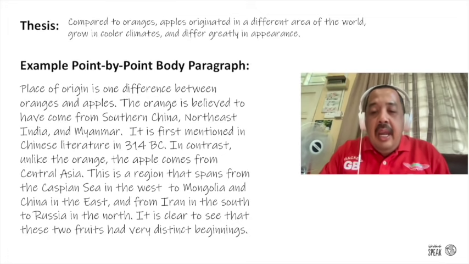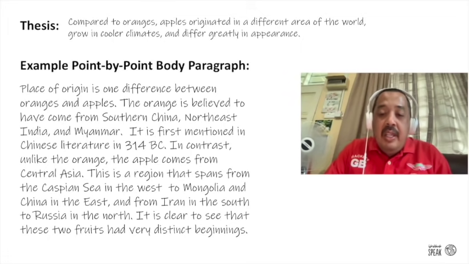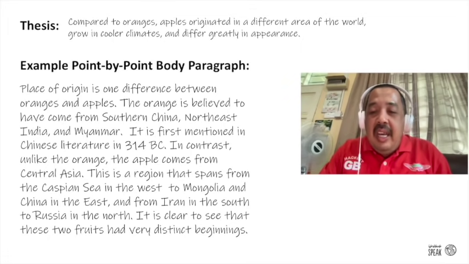And remember, our thesis is the one for differences, and this would be the first body paragraph for this essay. Now, this is a very basic body paragraph, and you would probably never write about apples and oranges, something that is very obvious for you to make the comparison.